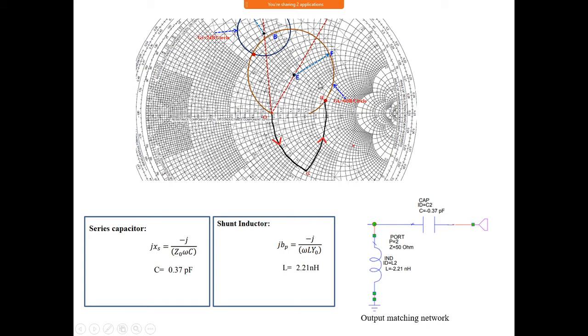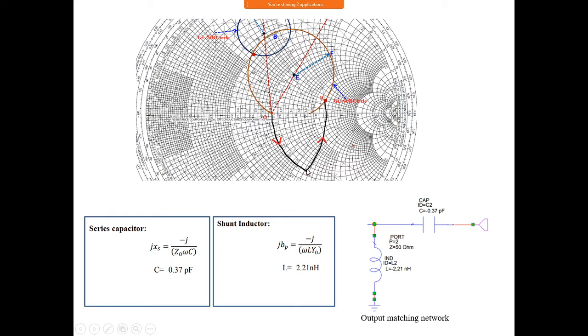So you move over the R equal to one circle and stop wherever it intersects the conductance circle. This is the conductance circle passing through this point, so you stop here.